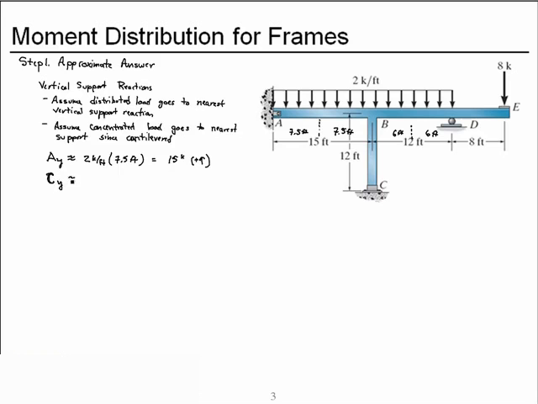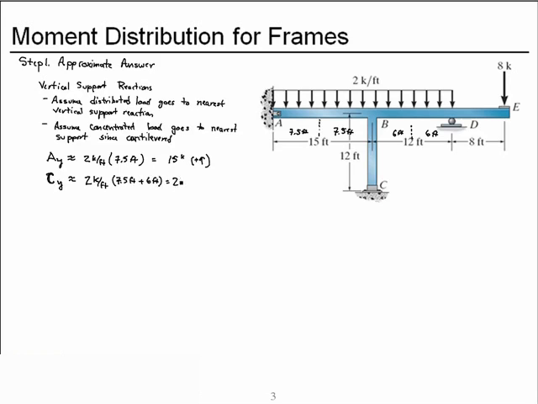CY down here, in essence supporting point B, we'll have 2 kips per foot, the 7.5 from the left, the 6 feet from the right.